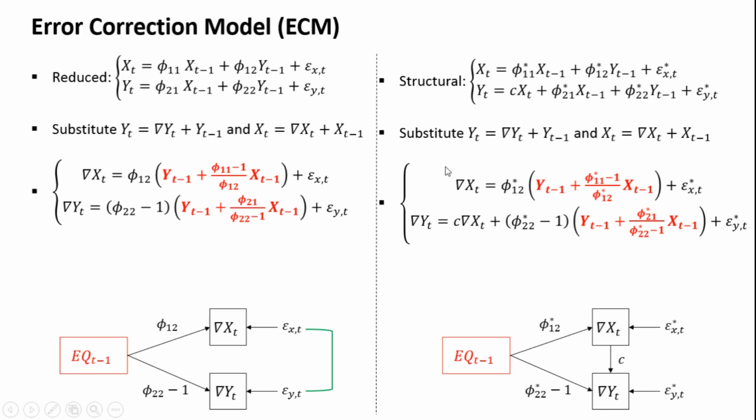Which means that we can express the differential of our variables in a linear manner. So that is the error correction model that we will present to you most widely in a moment.